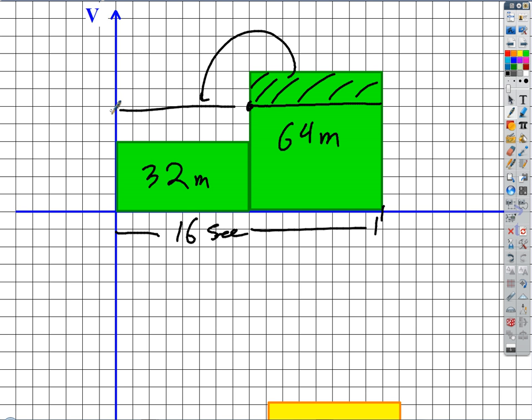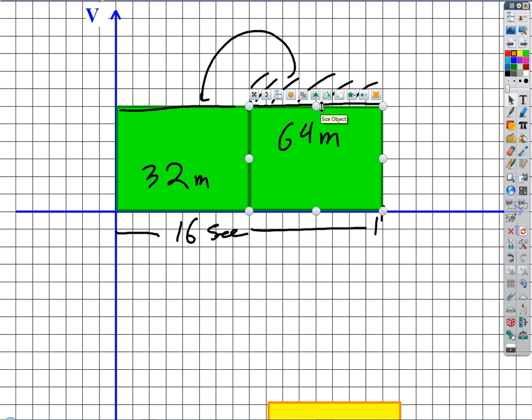Aren't I just adding a little bit of extra to this one and taking that extra away from this guy and creating that shape? Have I changed the area under the curve? No, I haven't. All I've done is redistribute the area a little bit. But if our question is only what's the average speed, average velocity, why not use cruise control instead of going slow for a while and then going fast? Cover the same distance, right?